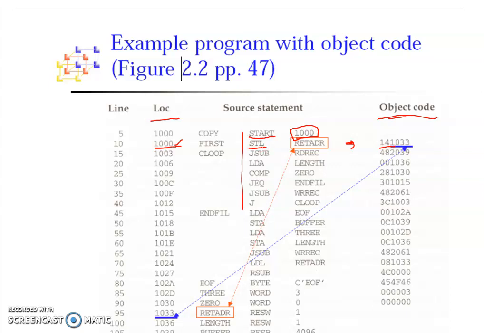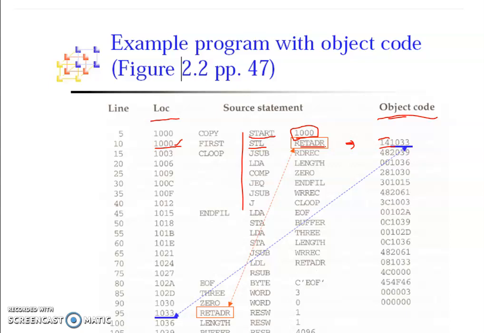For this STL, the equivalent machine value is 14. Then RETADR. What does it mean? RETADR will be some value that is obtained or defined later in the program.